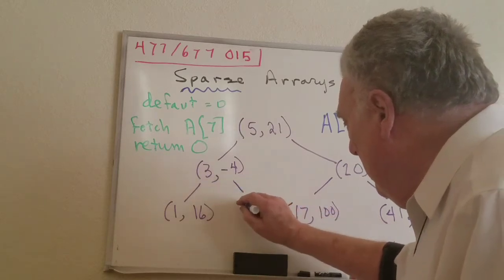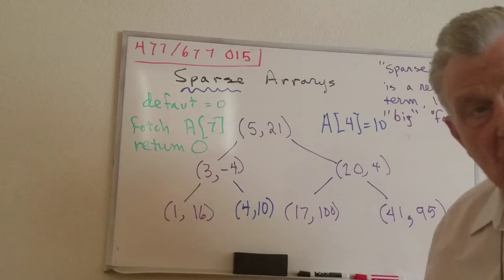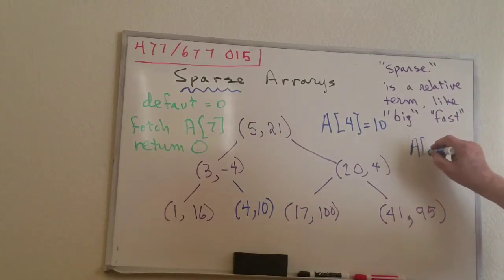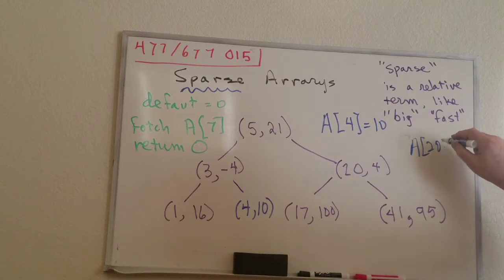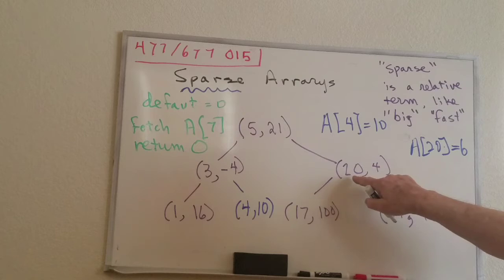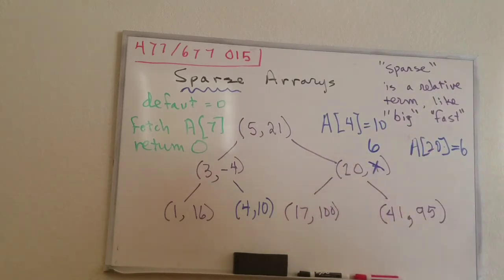So therefore, I would insert this pair, 4 and 10, into the binary search tree. On the other hand, if I wanted to say A of 20 equals 6, I would search for it and I find there is a 20 there on the index, so I would overwrite it with a 6. And this is how I would implement a sparse array.